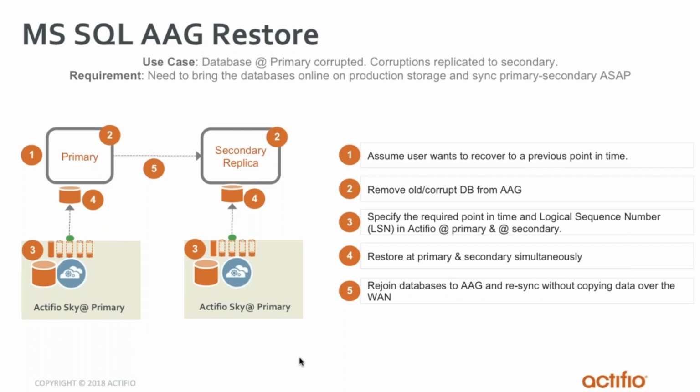Now, of course, those could be reversed. We're just as happy backing up from the primary and replicating to the secondary, but the concept is still the same. Restore the databases back to your production disks to the same point in time, join them into the availability group, and avoid the need to re-replicate all that data over the WAN.